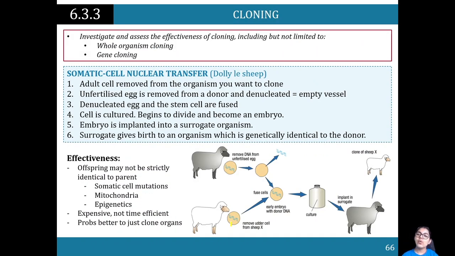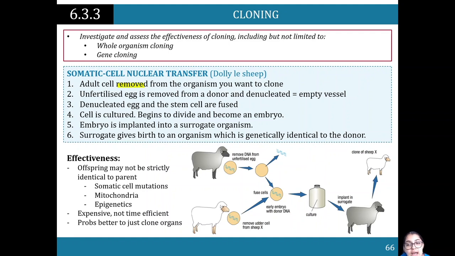Okay, let's now look at cloning. We're going to talk about whole organism and gene cloning. Whole organism cloning: the biggest example is the very famous Dolly the sheep. It uses somatic cell nuclear transfer, which involves the removal of an adult cell from the organism that we want to clone.